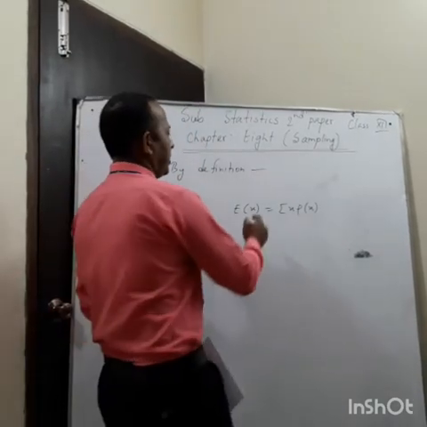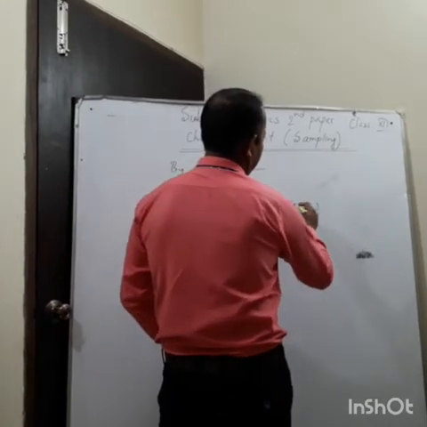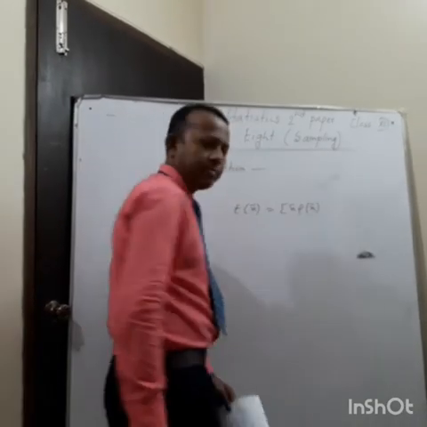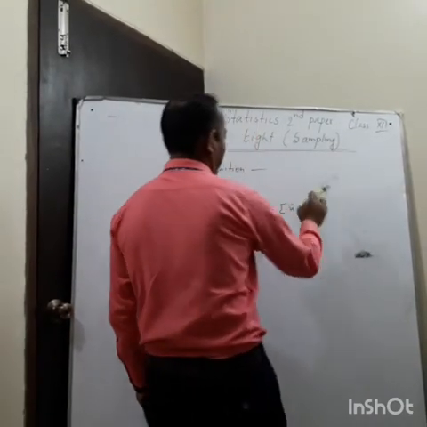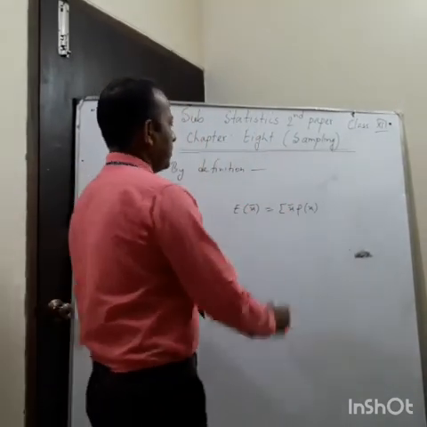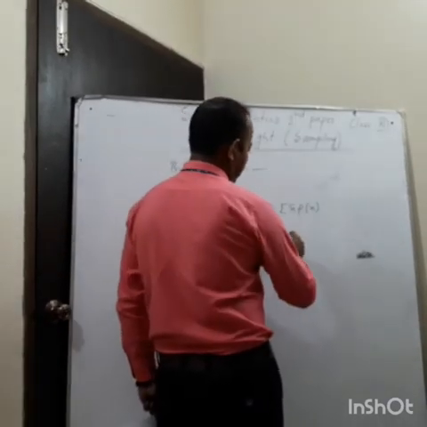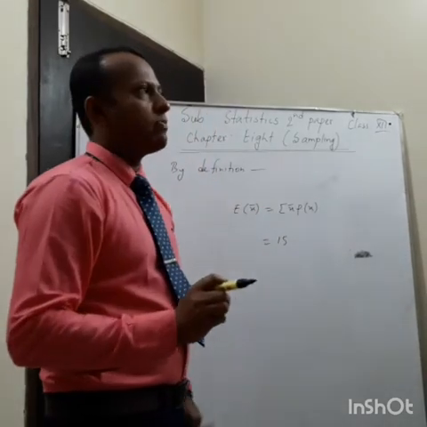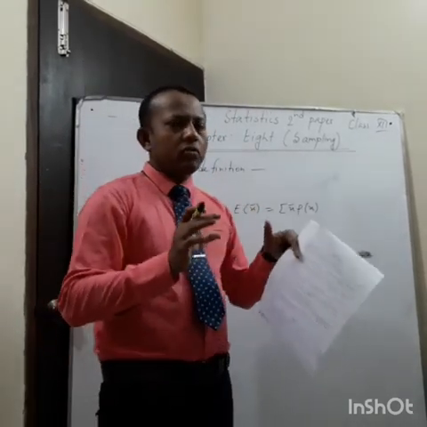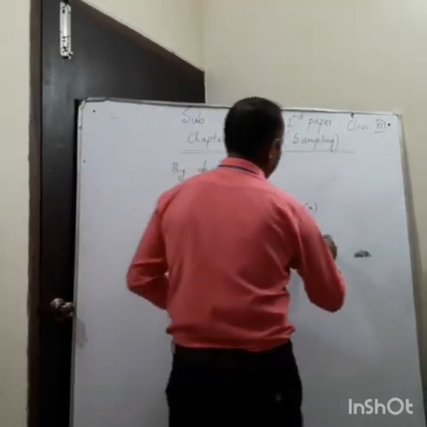Therefore, expectation of x bar equal to summation x bar probability of x bar. Probability of x bar, sorry. So, summation x bar, it was 15, and probability of x bar, that is probability of a sample, is 1 divided by 3.